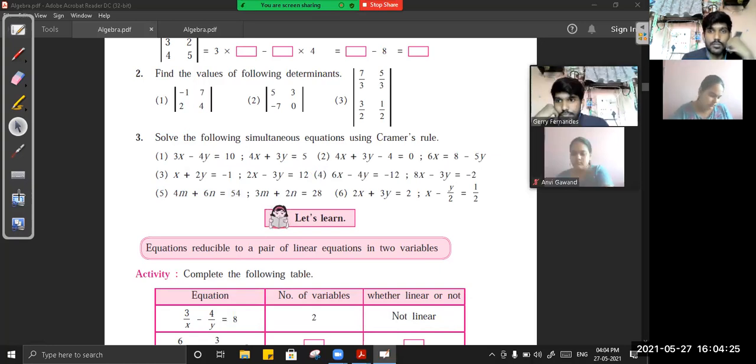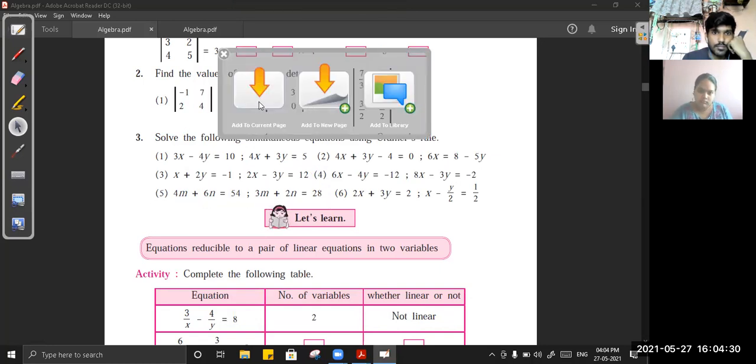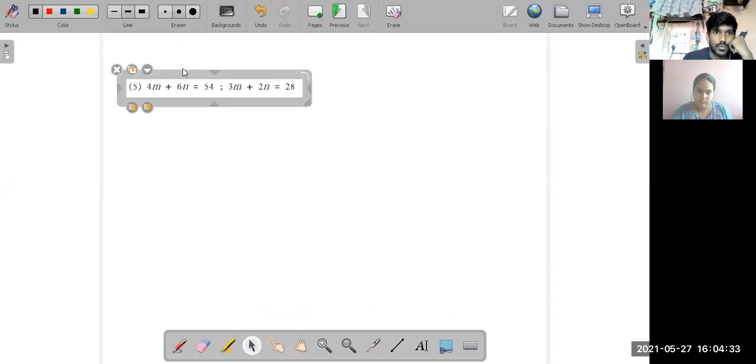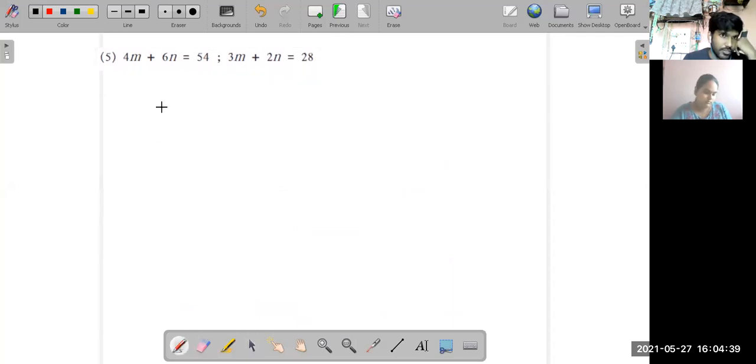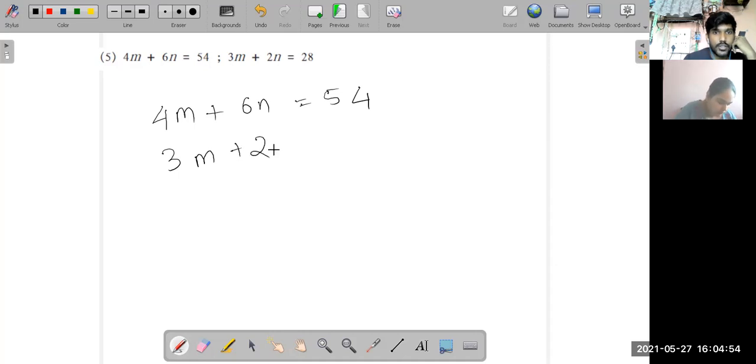That is why you couldn't solve it. So what is the equation? Read this and read what you have written. First equation is 4m plus 6n is equal to 54, where you have written 57. Second equation is 3m plus 2n is equal to 28, while you have written 2m plus 3n is equal to 27. Since you have copied the question wrong, you couldn't solve it.